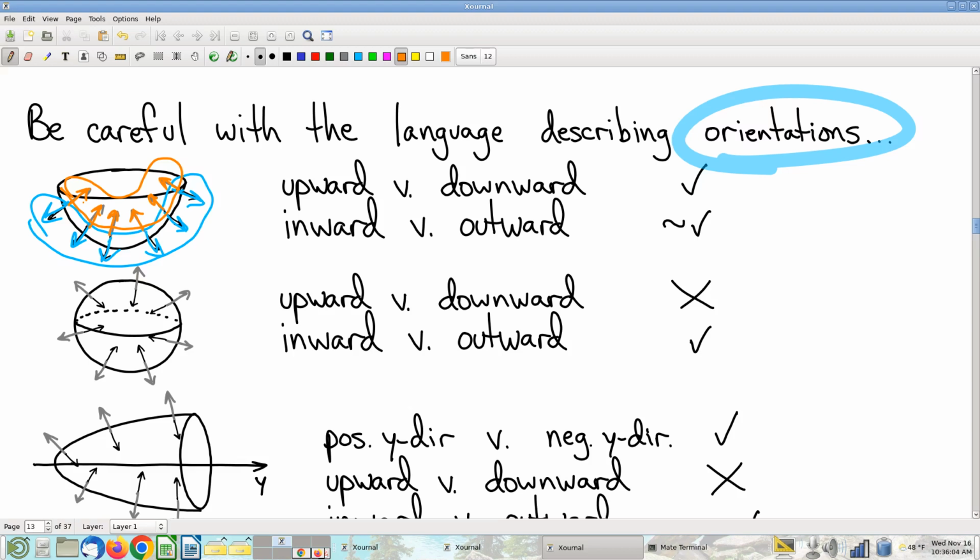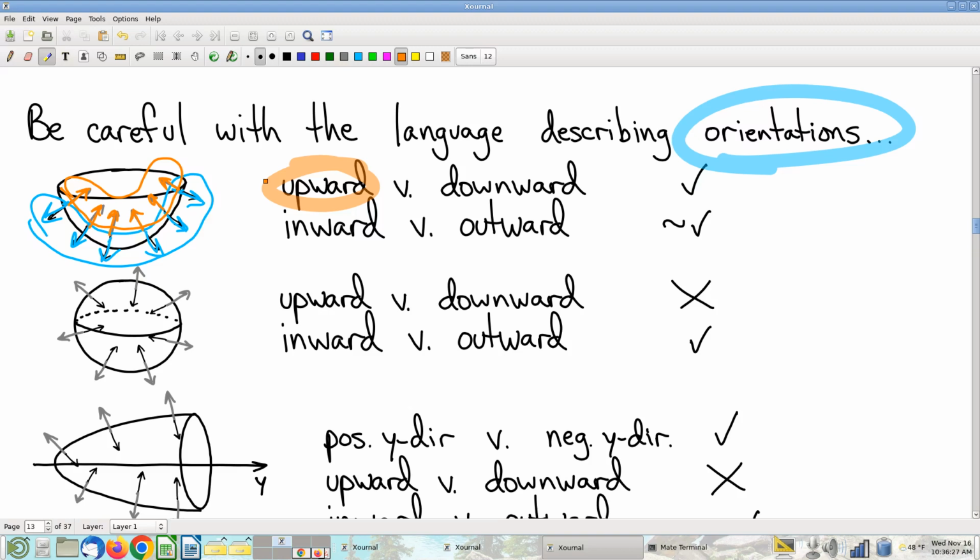So a great way to do this is to use the language of upward and downward. So this orange orientation, most of the vectors aren't exactly straight up, but they're all somewhat up. And the alternative blue orientation, none of those vectors are in any sense up.